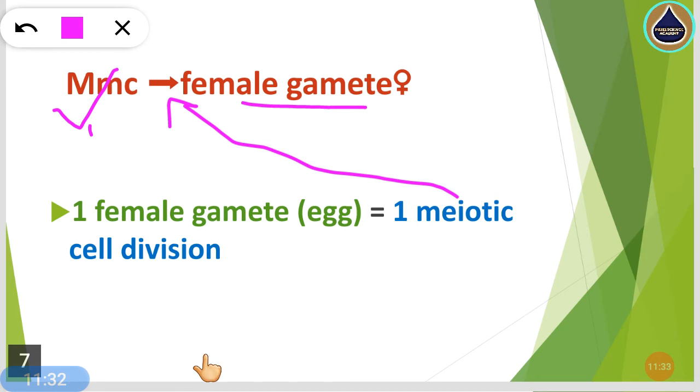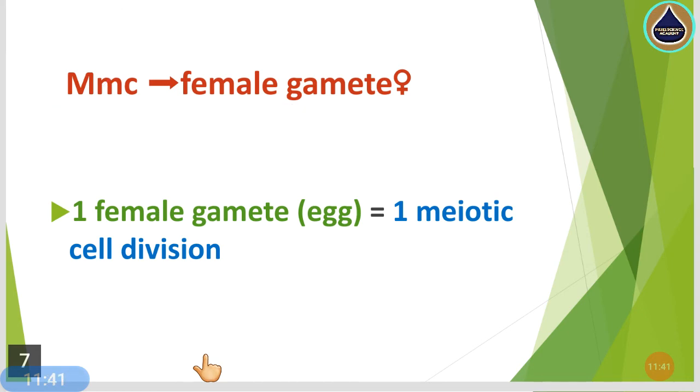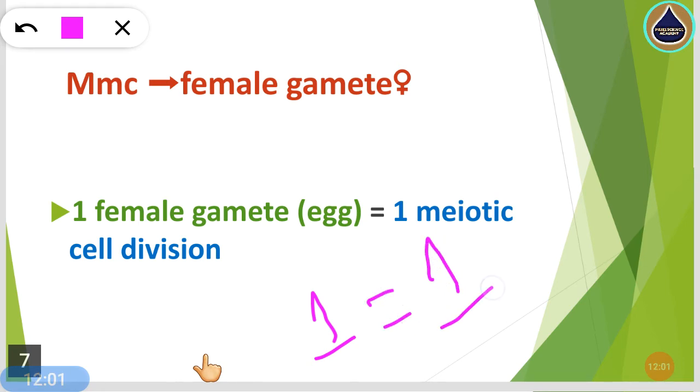So simply, the number of female gametes is equal to the number of meiotic cell divisions. If one female gamete is needed, one meiotic cell division is needed.